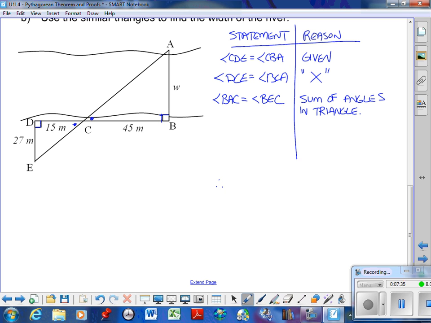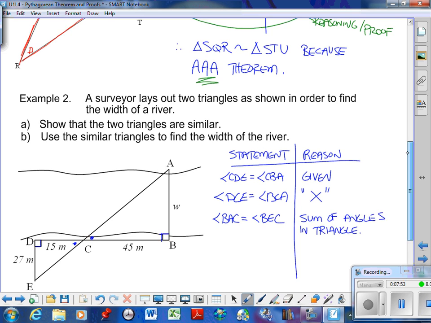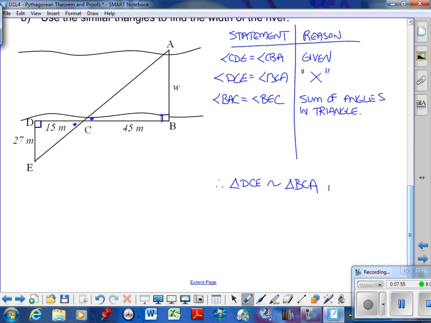So therefore, triangle DCE is similar to triangle BCA. So those two triangles are similar. Okay, and again, same as we did above, we're given a reason.